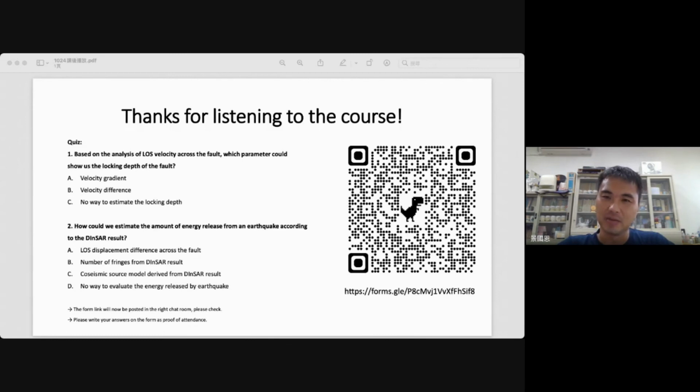Especially in the mountain region, if you want to talk about the landslide issue, you still miss the information in the slope, in this kind of southern aspect slope. However, if you want to talk about the fault, maybe you have a chance to get the information from the ascending result, ascending image.